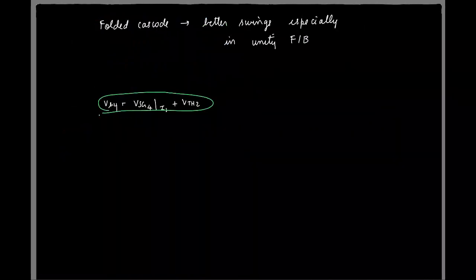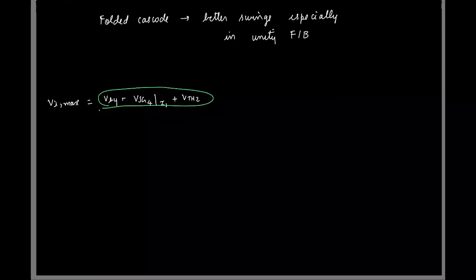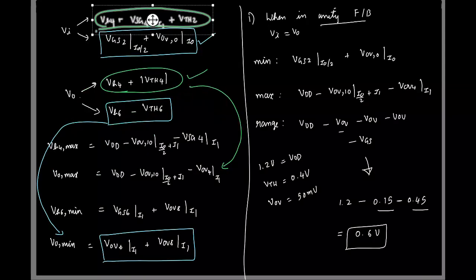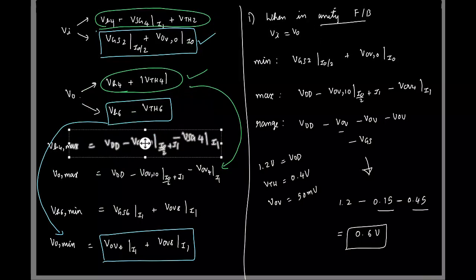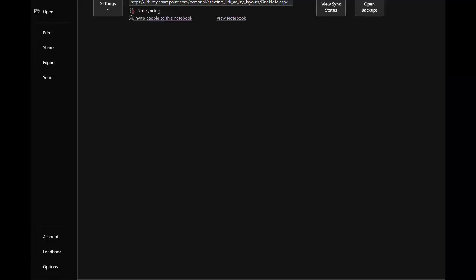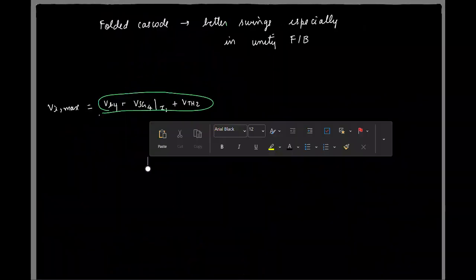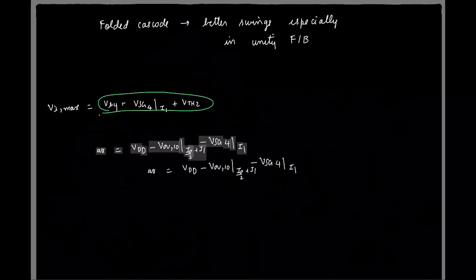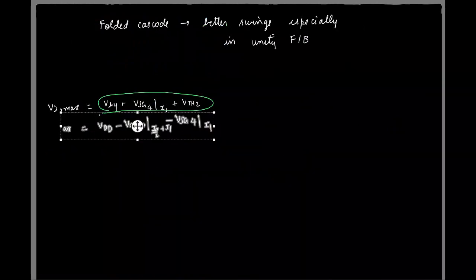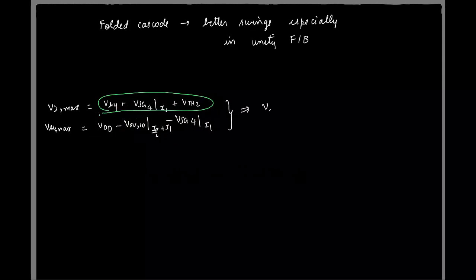So this is VI max, and we also know what is VB4 max. So using these two, what is VI max?